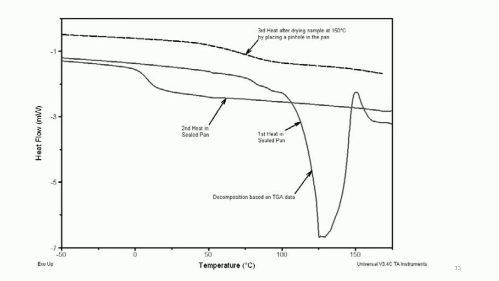In the case of modulated differential scanning calorimetry, it has a significant advantage over the traditional one in that it measures both the heat capacity component and the total heat flow, and obtains the kinetic component from the difference.